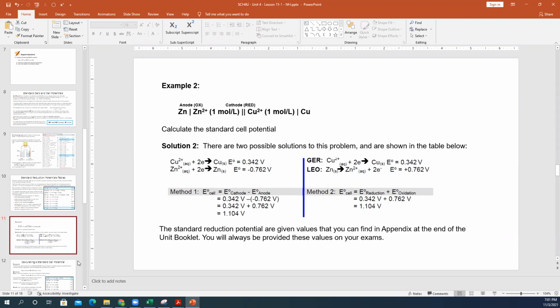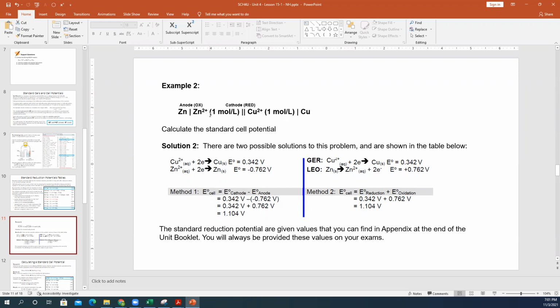Okay, so let's look at an example. In this example, we're asked to calculate the standard cell potential for this reaction shown in cell notation.